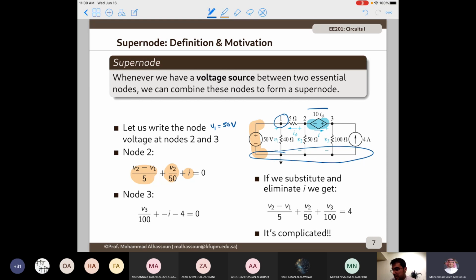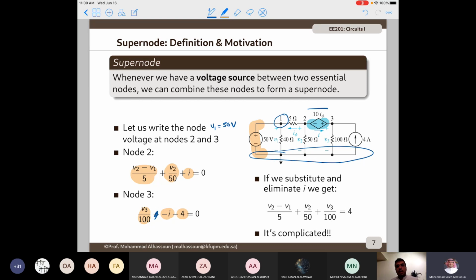Now we apply KCL also at node 3. The first one is the current that flows from node 3 to the ground. Then minus I, the current of the current source.